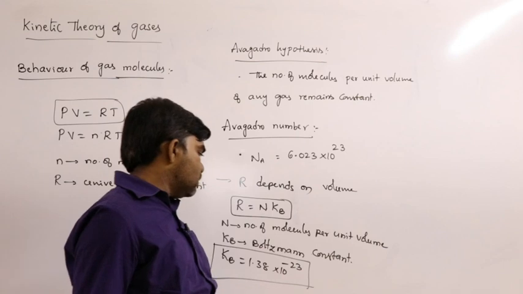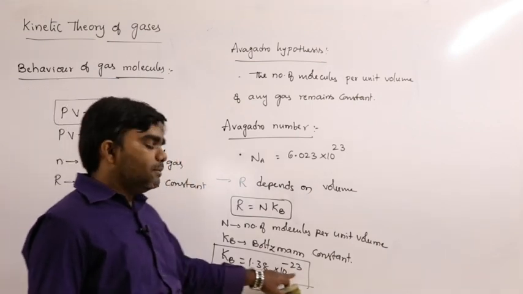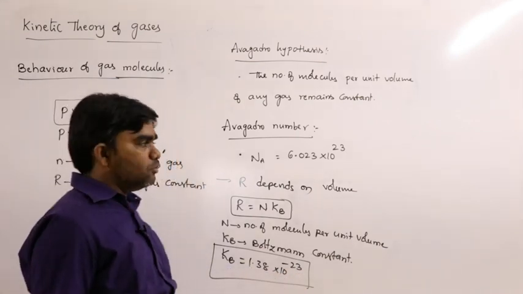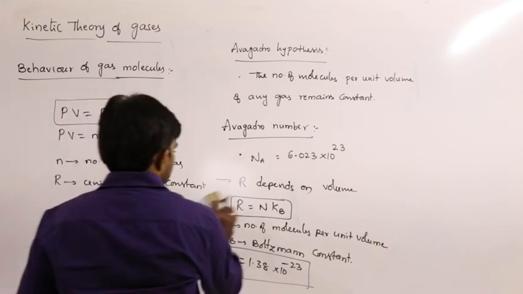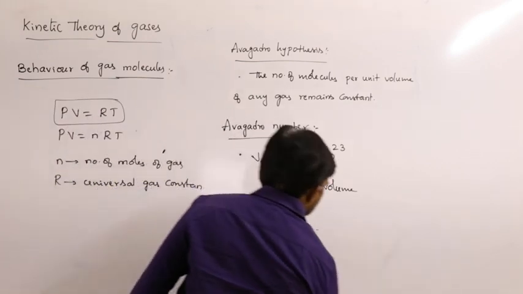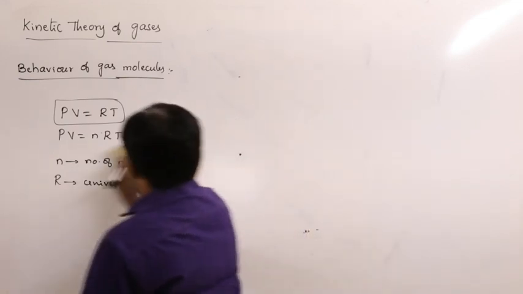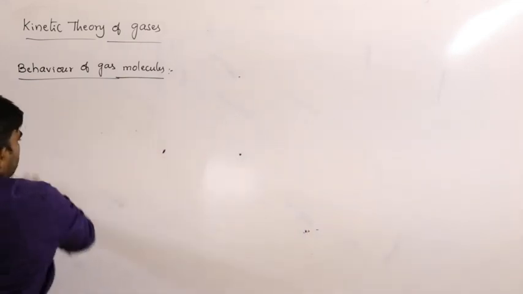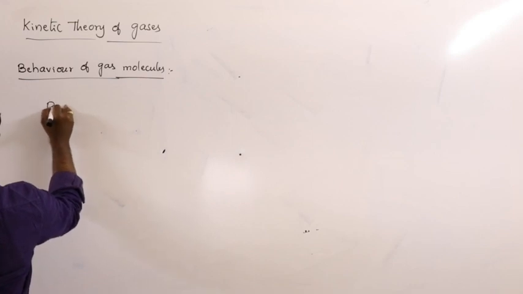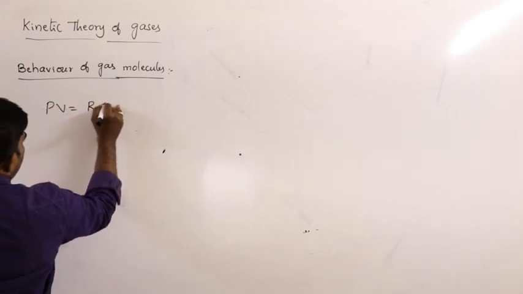This is the Boltzmann constant value. Next, we can write PV is equal to RT.